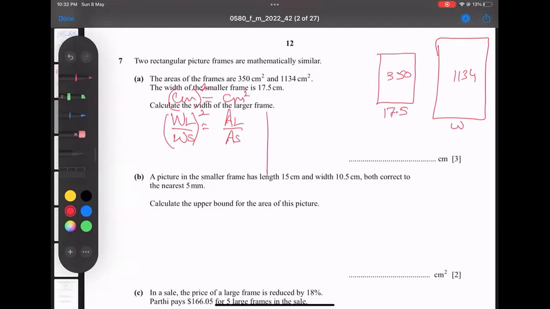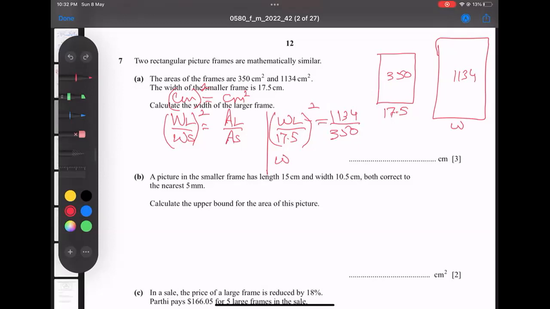So the width of the larger is my target. The width of the smaller is given as 17.5, with power 2 on the top. The area of the larger is 1134 over the smaller, 350. Now this power 2 goes to the other side and becomes a root, as all of you know.